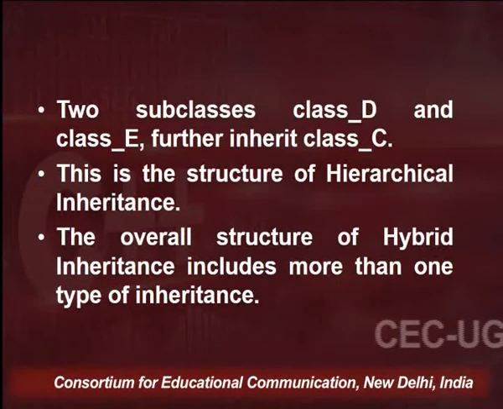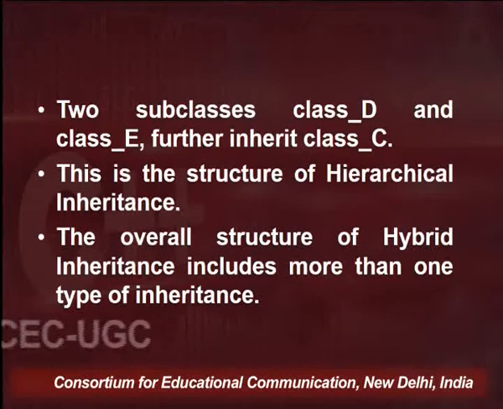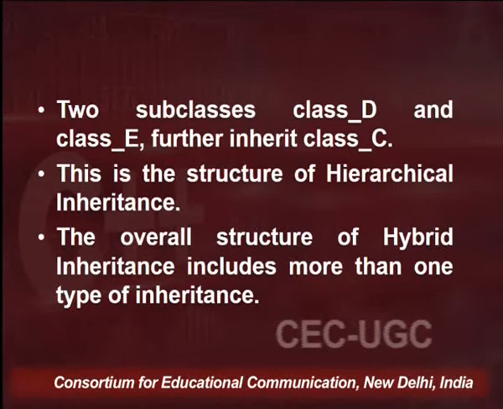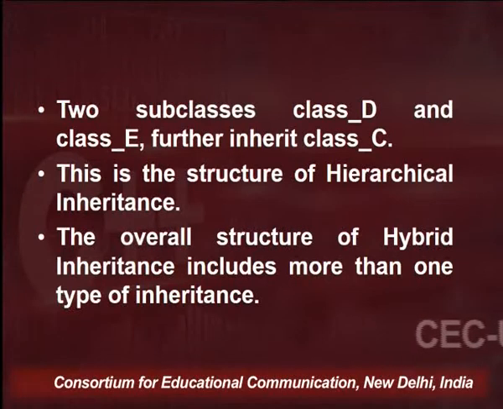Now further, two subclasses D and E are inheriting class C. So this is the structure of hierarchical inheritance.